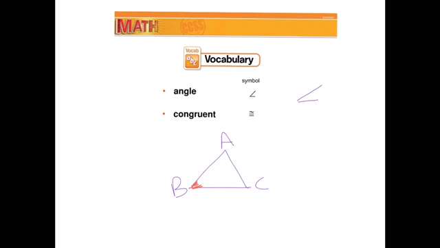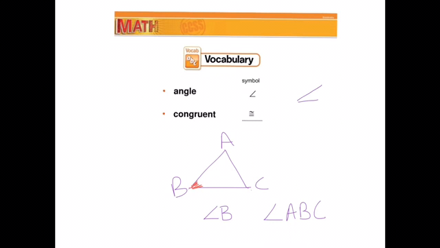I can label that as simply angle B, or I can talk about the points that lead into it, and I can label that angle ABC, meaning it goes from A to B to C. So two different ways to label our angles.